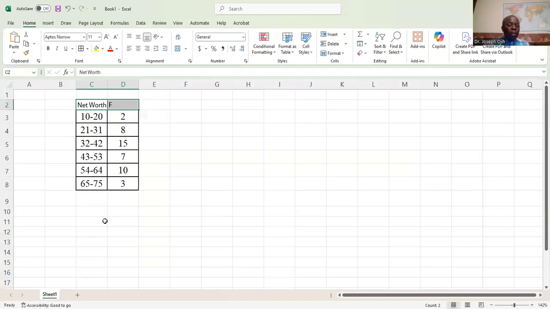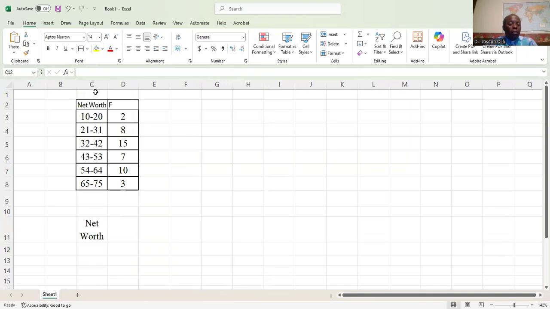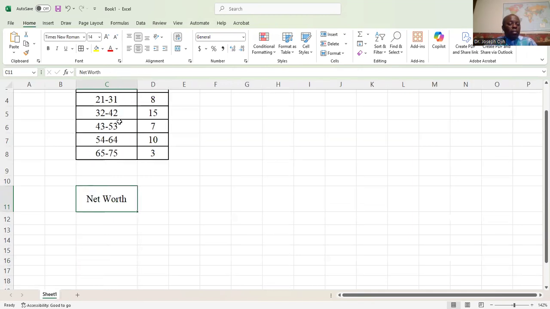So you have it here. I'm going to have net worth, and I'm going to reduce the font to 14 again.